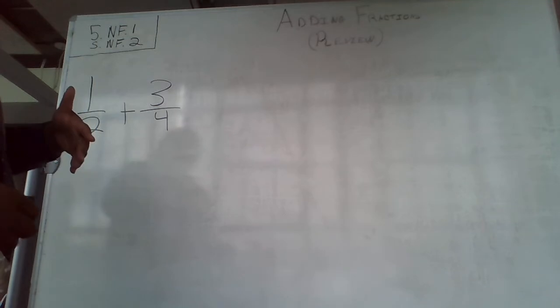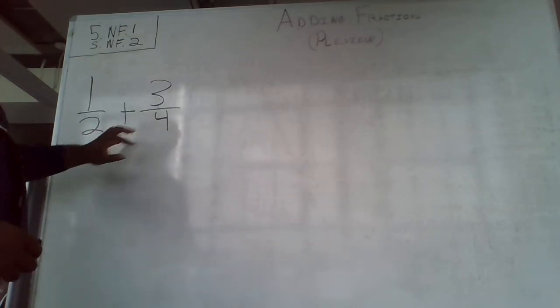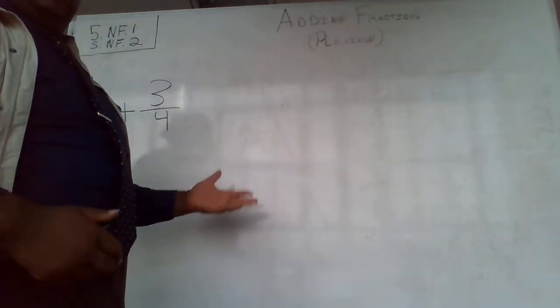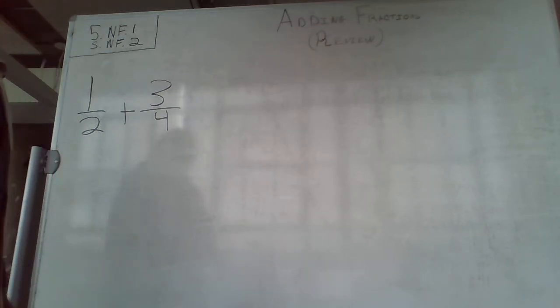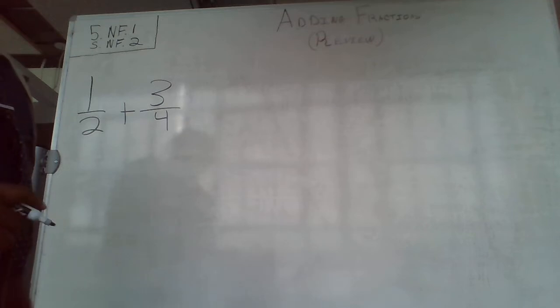All right, so we were saying why A didn't work. So I cleared off the board of everything except our original problem, 1/2 plus 3/4. We want to represent that pictorially so we'll see why just adding straight across is not a possibility when you're trying to add fractions that don't have the same denominator.